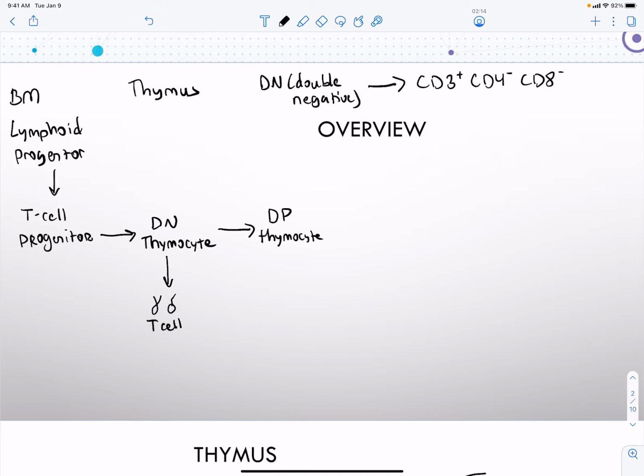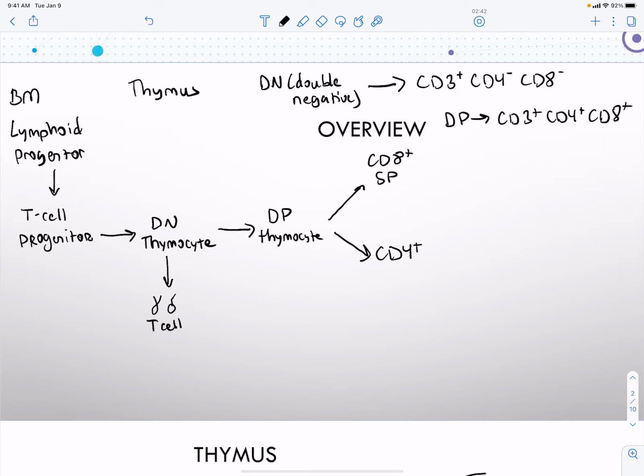And so just like the double negative, the double positive thymocyte is going to be CD3 plus, CD4 plus, and CD8 plus. Now this double positive thymocyte has to make a choice, and it's either going to become a CD8 positive, and it's a single positive thymocyte, or it's going to become a CD4 positive, and this is now a single positive thymocyte. So the double positives will express both CD4 and CD8, and the single positives will have to make a choice. Are they going to express CD8 or are they going to express CD4?